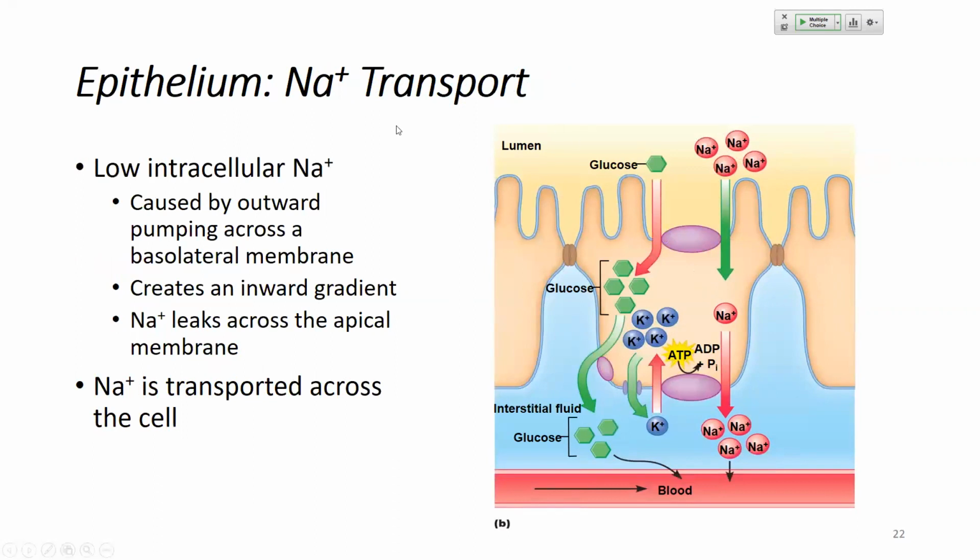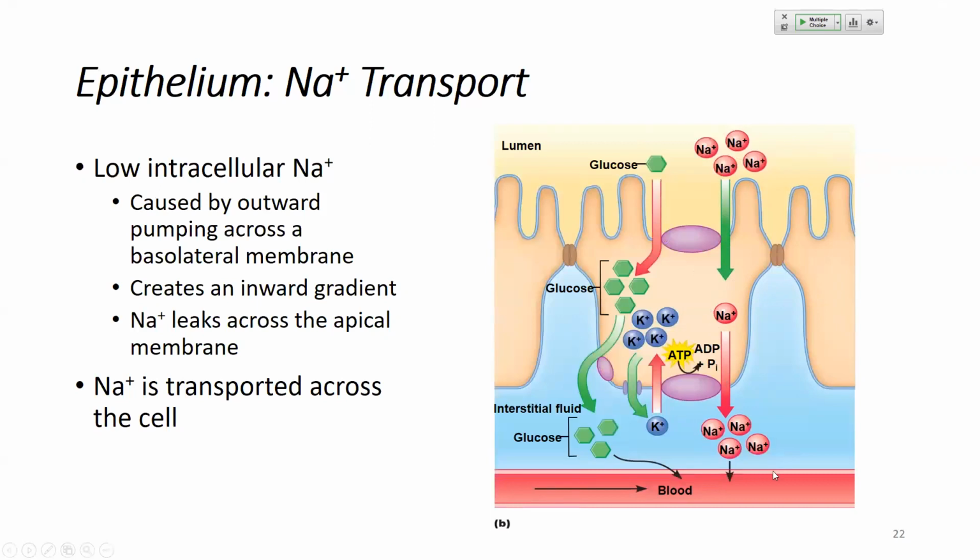So let's look at the example of the movement of sodium or sodium transport here. Because of the sodium-potassium pump on the basolateral membrane, we're kicking sodium out, we're bringing potassium in. Now we spoke about the pump leak system. The pump leak system is where ions that are pumped out of the cell or into the cell can then leak back down their gradient.